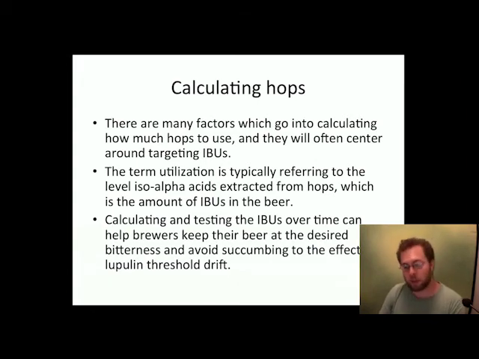You can have a lupulin threshold shift, which is just the same amount of bitterness doesn't do as much for you anymore, and you need more to get that same sense. So you might start adding more hops because you think, oh, it doesn't taste as bitter as it used to, I need to add more hops to make up for that. But other people that haven't been drinking it like you might not have had this drift, and they might say, oh, wow, this is much more bitter than I remember it the last time I had it. So you'll want to keep that in mind as well.